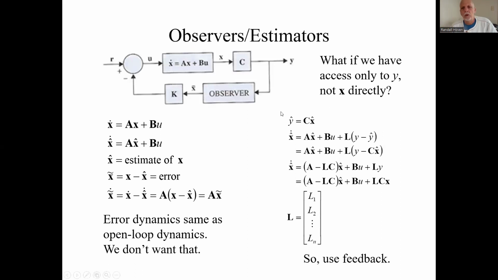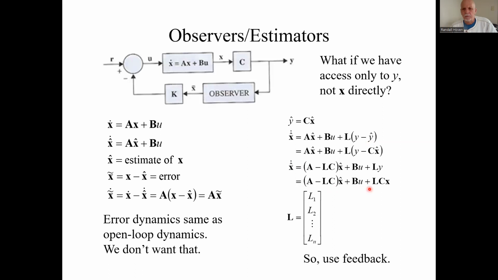So what we're going to do is have a mini feedback loop inside this observer. Here's what the feedback means. It's going to take its input Y, subtract off its estimate of Y, and feed that back into the dynamics. So here's what its state equation looks like.